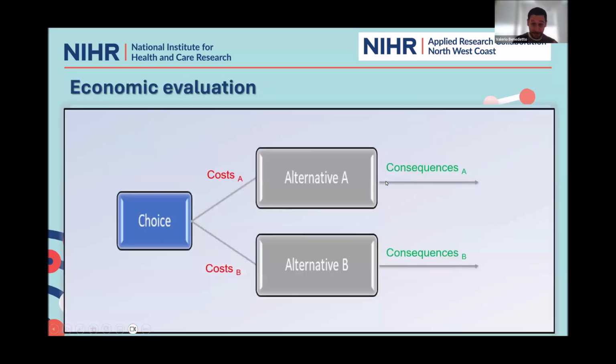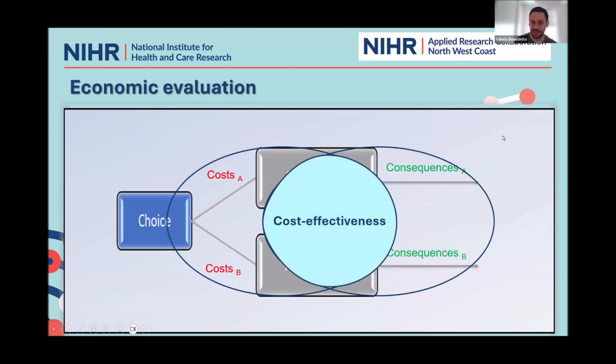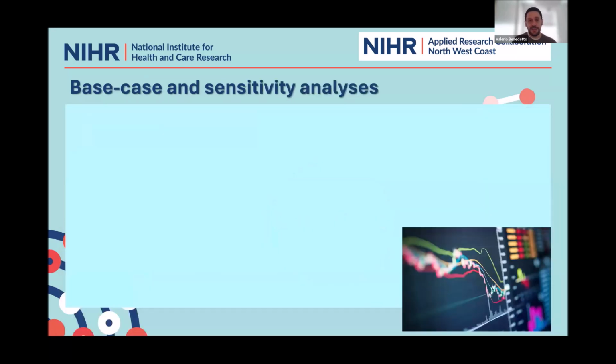Our usual depiction of an economic evaluation. We had a look at the costs in session 3, we had a look at the outcomes in session 4, and now we bring everything together with the cost effectiveness results. Typically what you will see in an economic evaluation is a base case analysis and a sensitivity analysis.